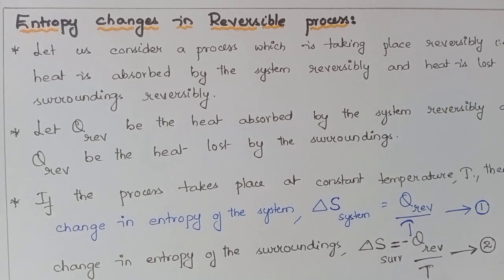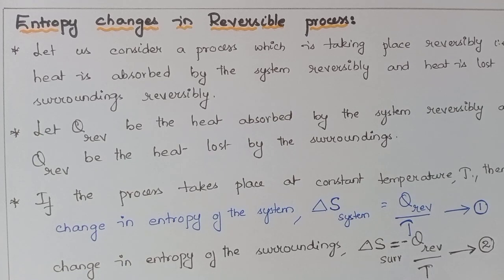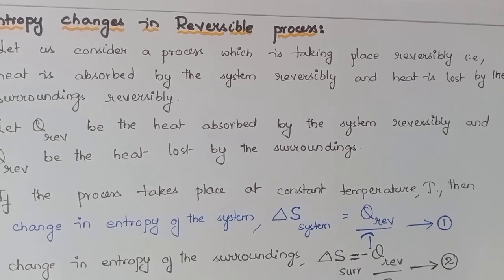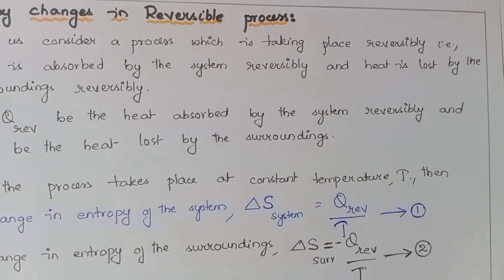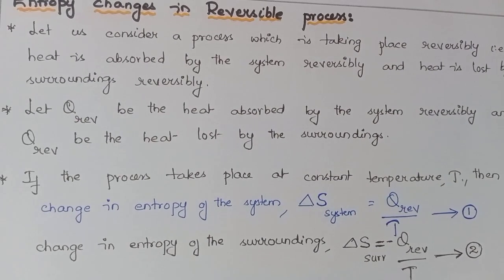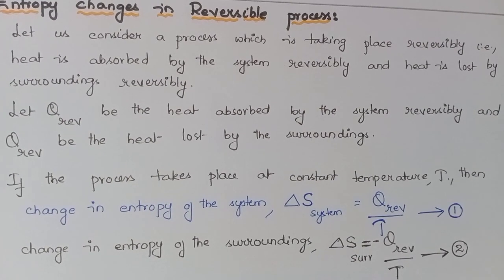Heat absorbed by the system reversibly, heat lost by the surroundings reversibly. Can you see the first point, students? So, please write down: let us consider a process which is taking place reversibly, that is, heat is absorbed by the system reversibly, heat is lost by the surroundings reversibly.